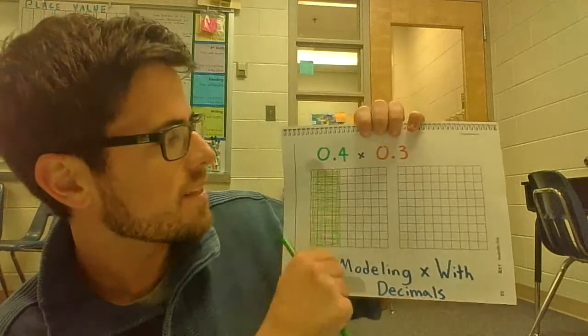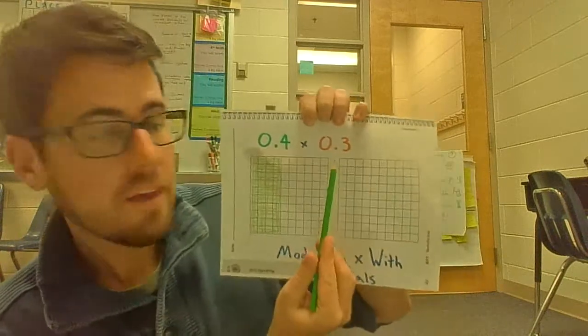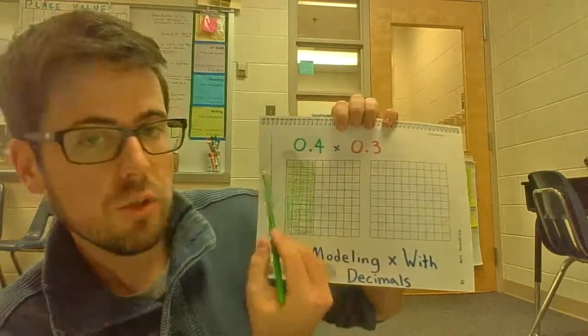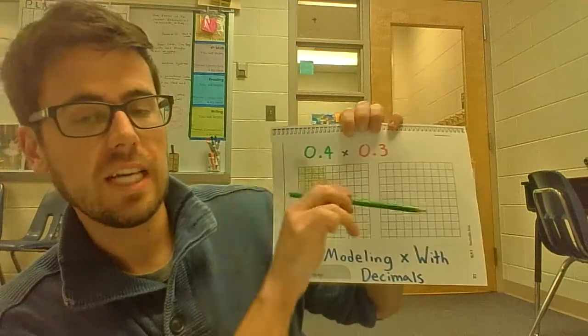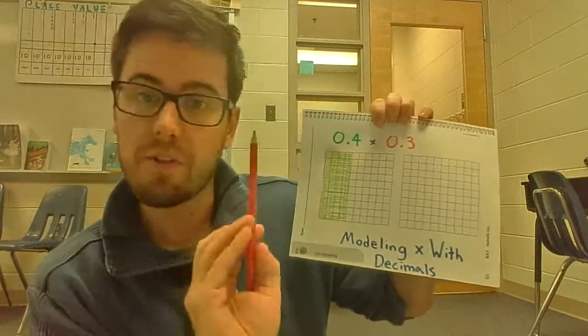So we have 4/10. Now, for my other factor, my 3/10, I'm going to do those horizontally, and you'll see why in just a moment. I'm going to use red for the other color.